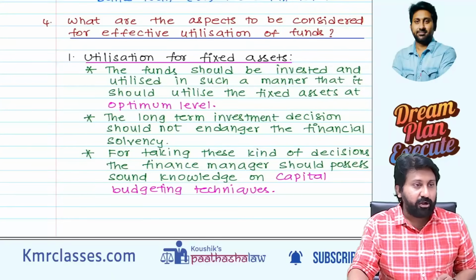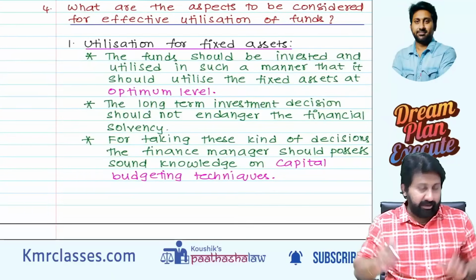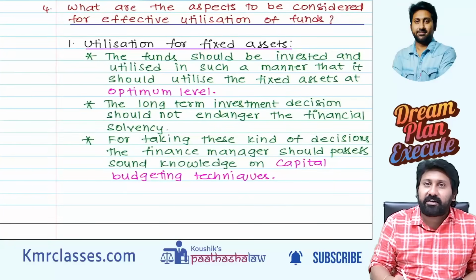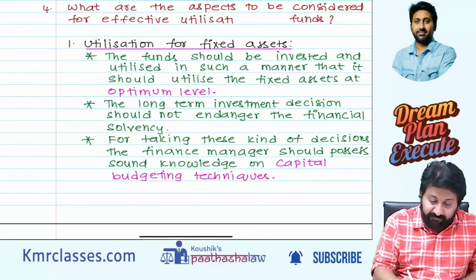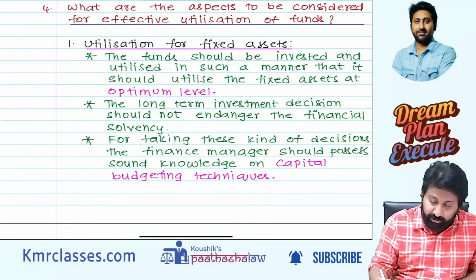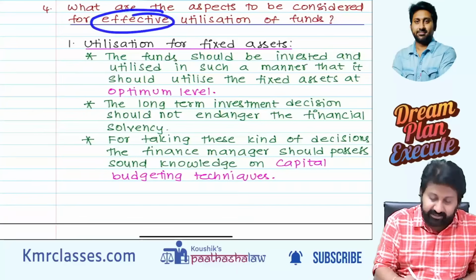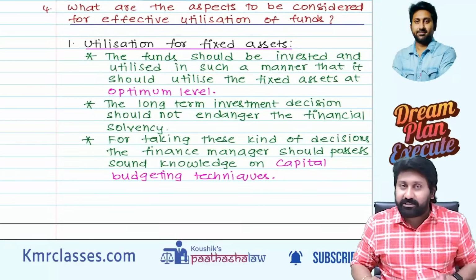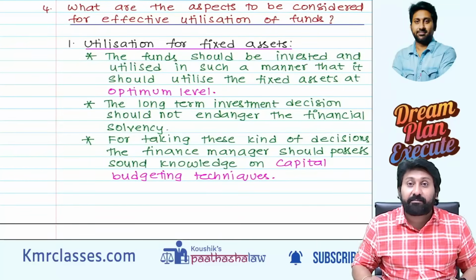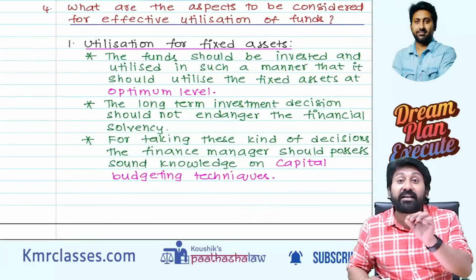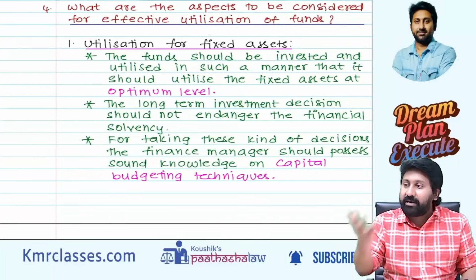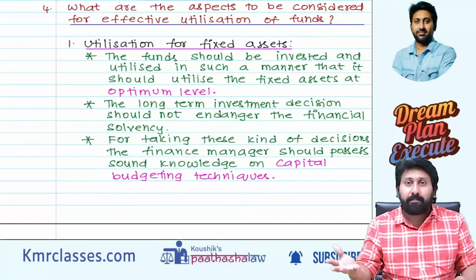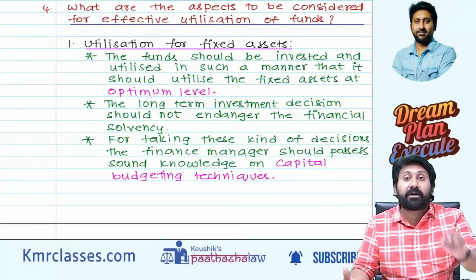For effective utilization of funds, let's see. Effective utilization means optimum utilization of assets. How to know? Capital budgeting. There are some techniques like capital rationing. Means what? I have limited capital of 100 rupees, but the assets available for investment are 150.